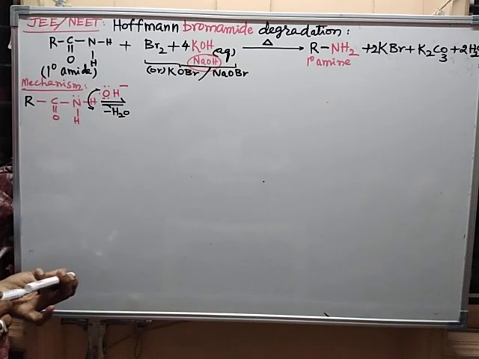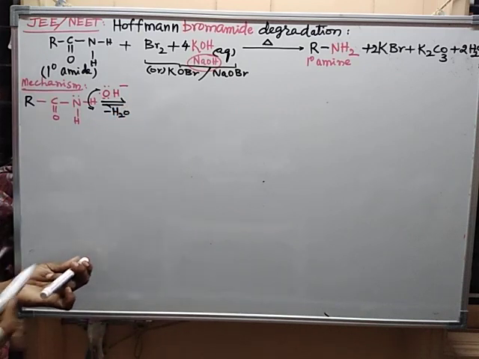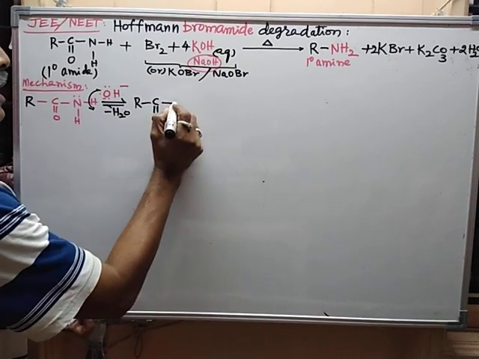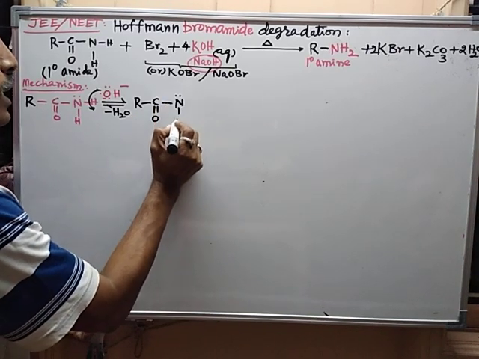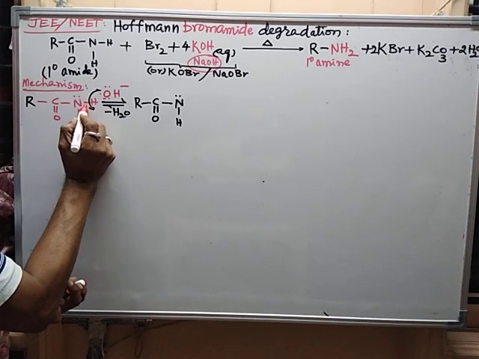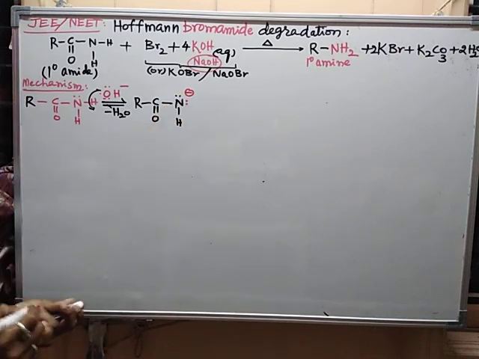and H2O is removed from the reaction mixture. You get a compound R C double bond O N, already one lone pair of electrons there, H there, and one more bond pair results as a lone pair with a negative charge.